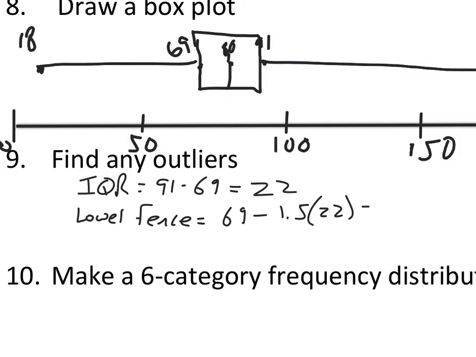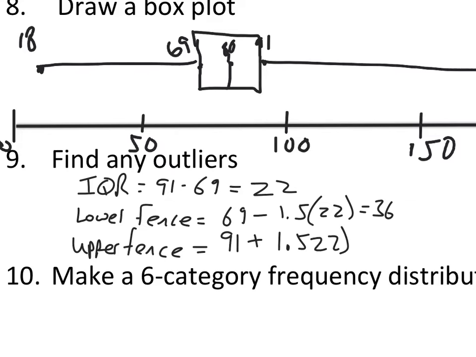And 1.5 times 22 is 33. If we subtract that from 69, we get 36. The upper fence is going to be added to 91, Q3. We're going to add 1.5 times 22, so that's 33 added, and that's 124.